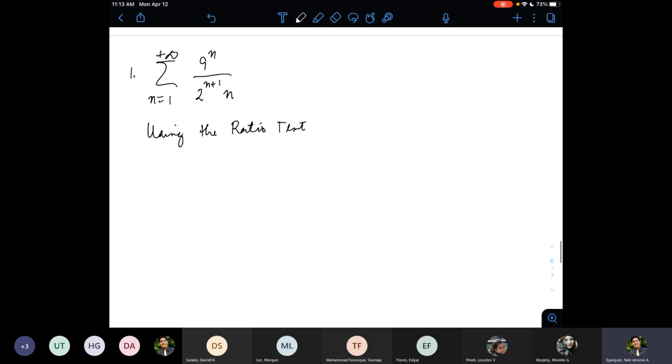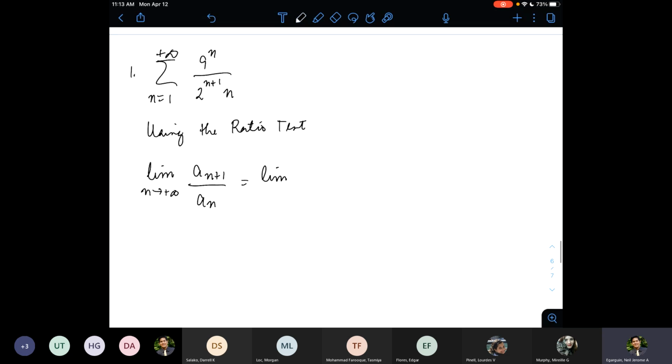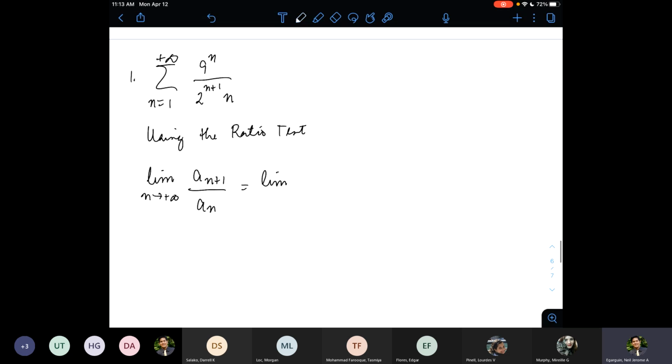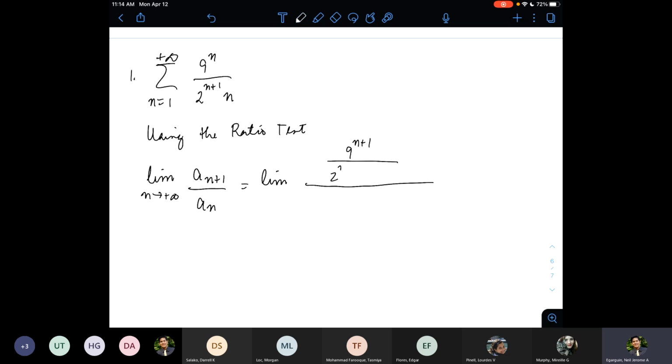We'll take the limit of, remember, a sub n plus 1 all over a sub n as n approaches infinity. Now, again, a sub n plus 1 is derived by replacing all n's you see in a sub n by n plus 1. So the numerator here would be 9 to the n plus 1 all over 2 to the n plus 1 plus 1 times n plus 1, right?